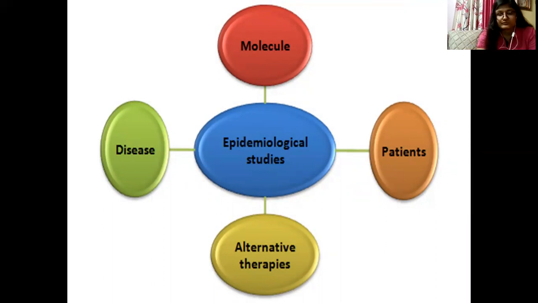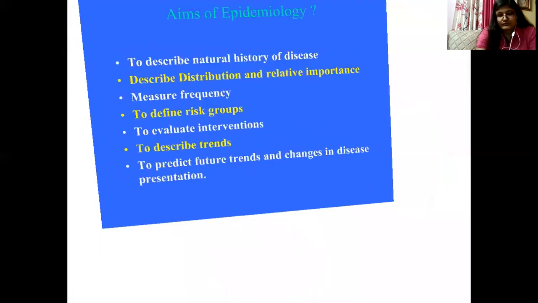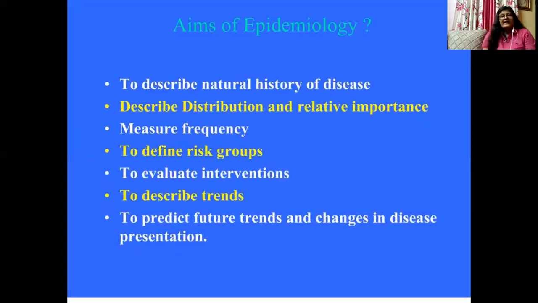The aims of epidemiology: first, to describe the natural history of disease. Second, to describe distribution and relative importance. Third, to measure frequency. Fourth, to define risk groups. Then to evaluate interventions, to describe trends, and to predict future trends and changes in disease presentation.